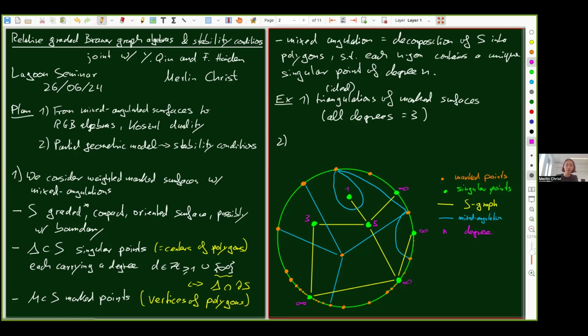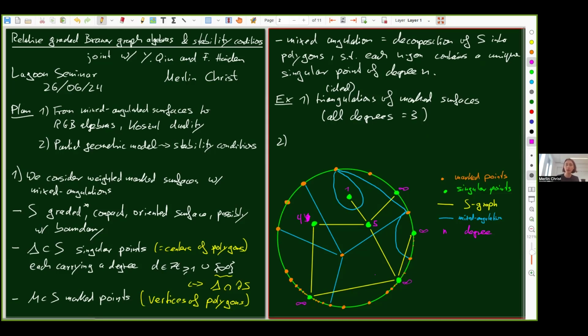Now, say we were to change the surface by adding a marked point here, then this integer would change from 3 to 4, because then it is the center of a 4-gon and not a 3-gon anymore. So the upshot is that the degrees of the singular points is exactly in which n-gon they are.